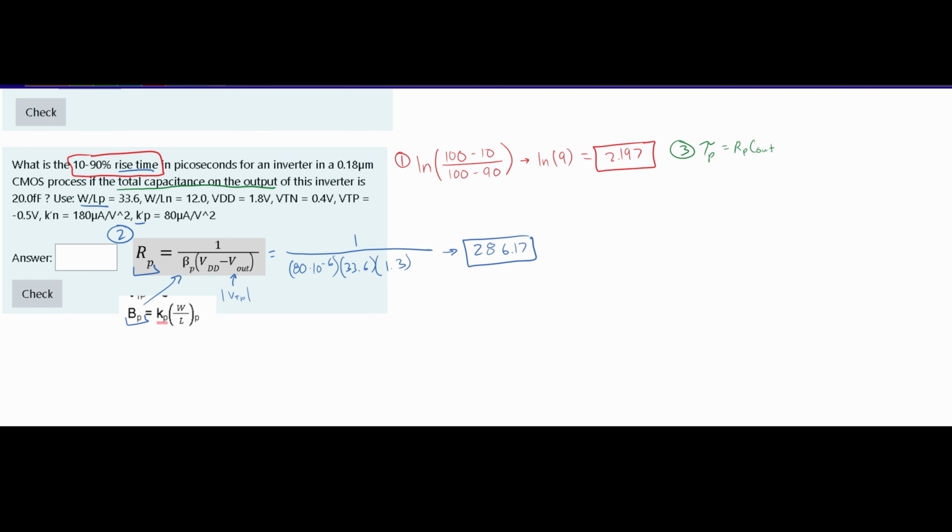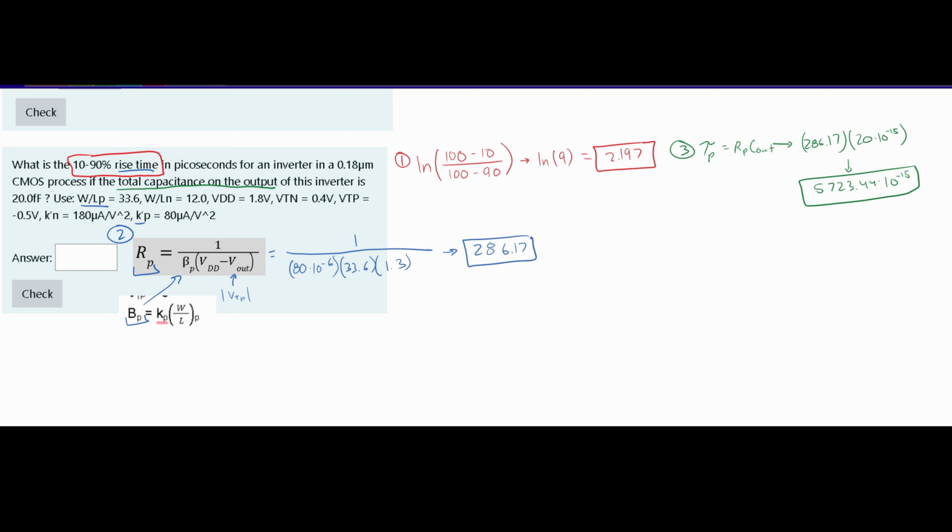So we are going to take our 286.17 that we found, and we're going to multiply it by our 20 times 10 to the negative 15. And I'm not going to plug this in. I'm just going to multiply the 20 by this and carry this over. And if we do that, we are going to get 5,723.44 times 10 to the negative 15. So that's going to be our large answer here, and we're almost done.